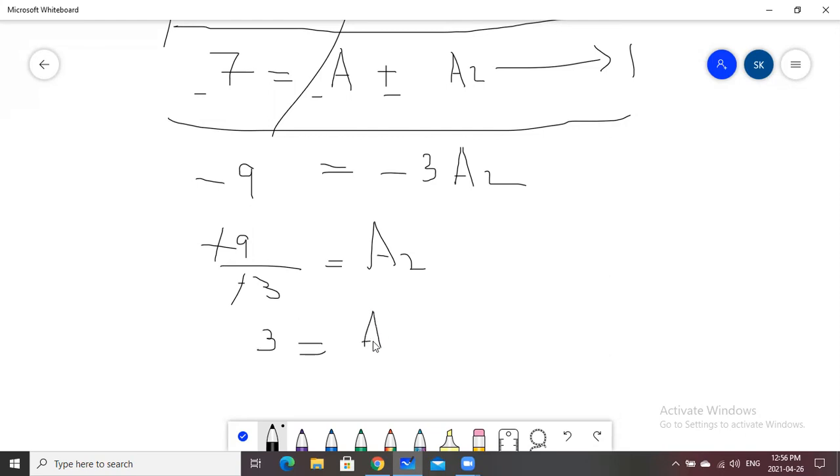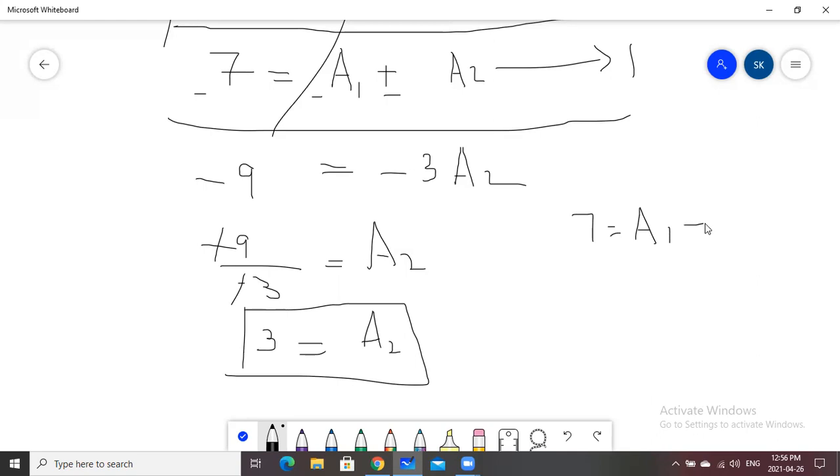Either substitute the value of a2 in equation number 1 or equation number 2, and you will get the value of a1 very easily. We know that 7 is equal to a1 plus a2.